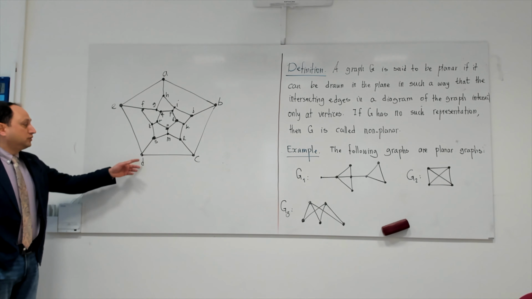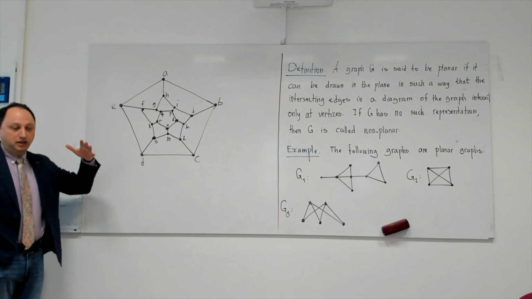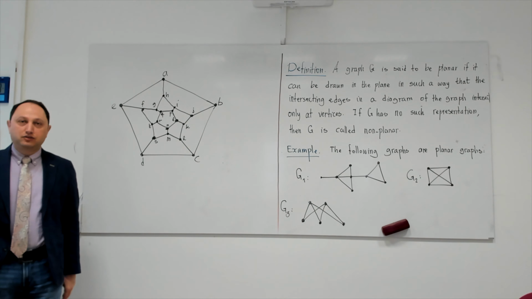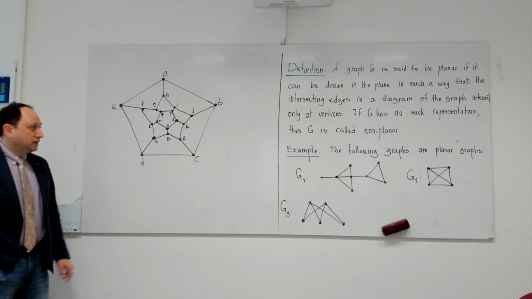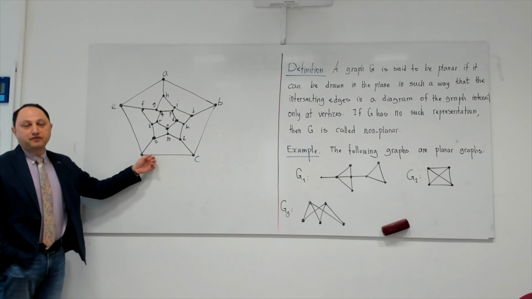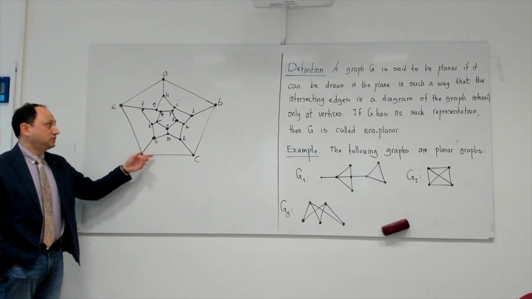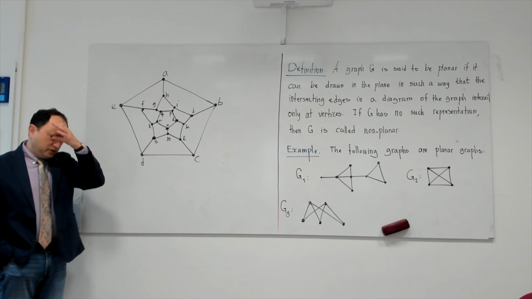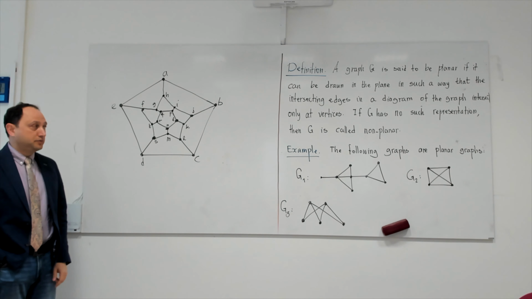So if you increase the number of vertices, bigger and bigger, the number of steps in the algorithm that you have to execute to see whether this graph is Hamiltonian or not grows exponentially with the number of vertices. So if the number of vertices becomes large, even for computers it is very hard. That's an exponentially hard problem in computer science.